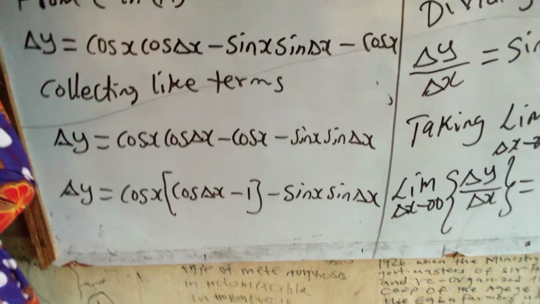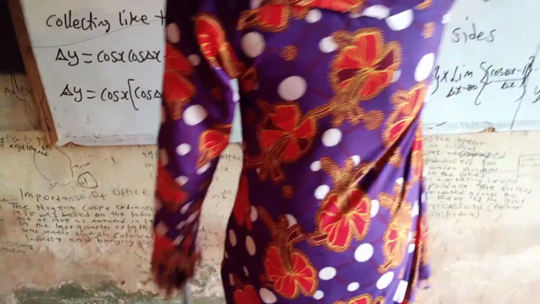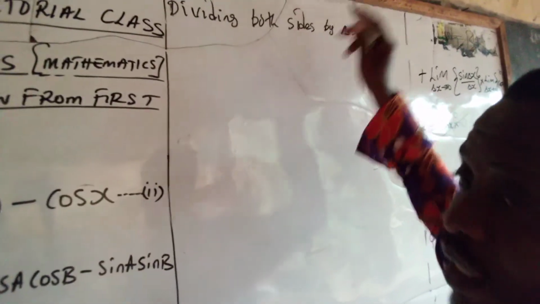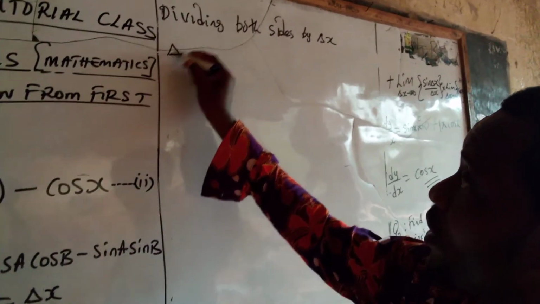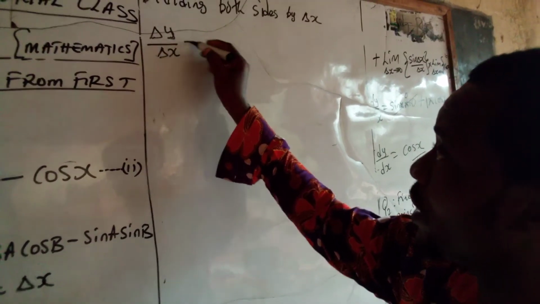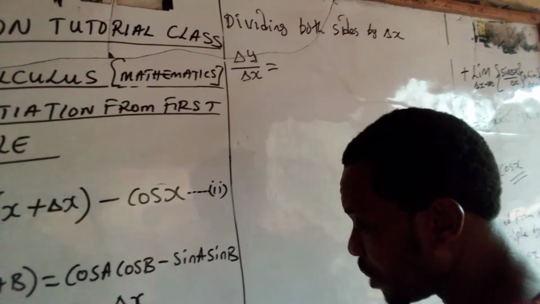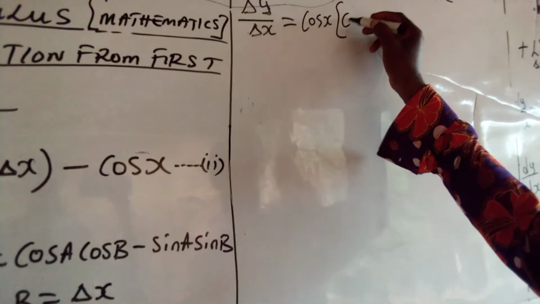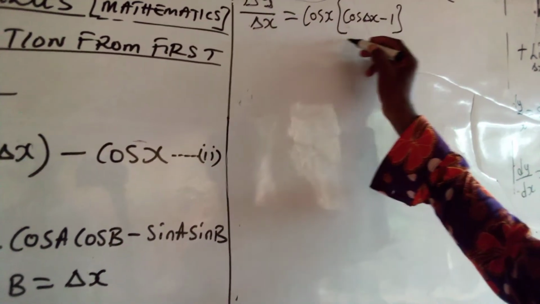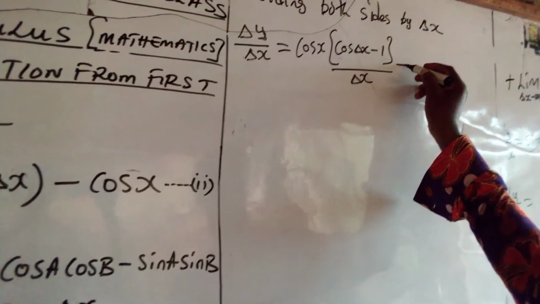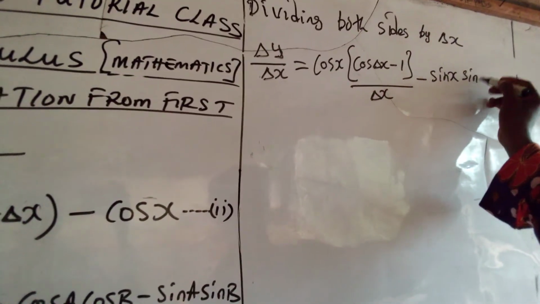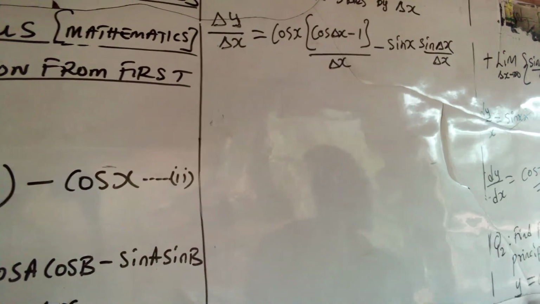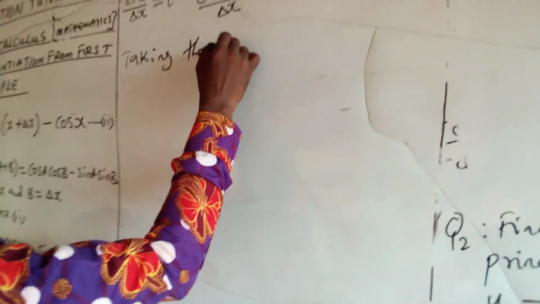Keep on moving like that. Divide both sides by change in S. So when you divide both sides by change in S, you have change in Y over change in S will be equal to, the whole of this is one term, but I will divide that one that has change in S. So you have cos S into cos change in S minus 1 all over change in S, then minus sin S sin change in S, I will divide this one by change in S. Then take the limit to 0.